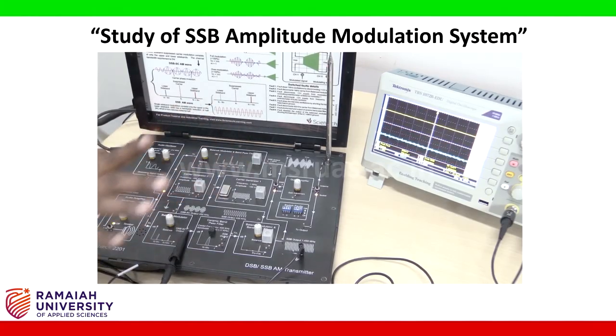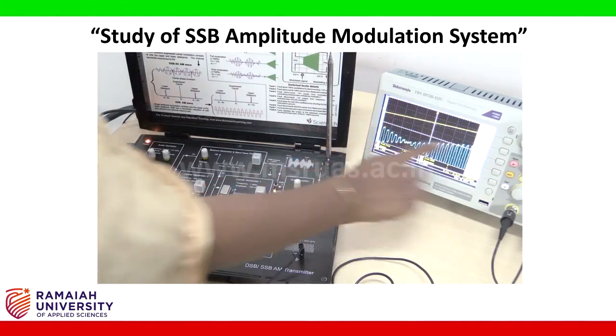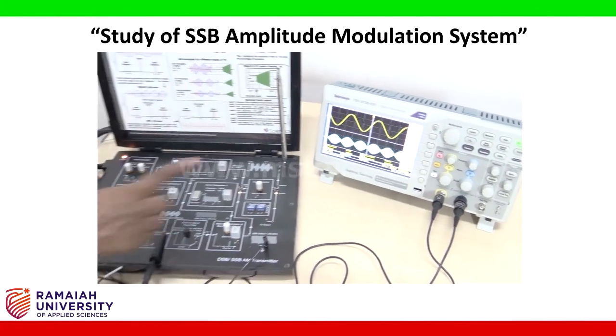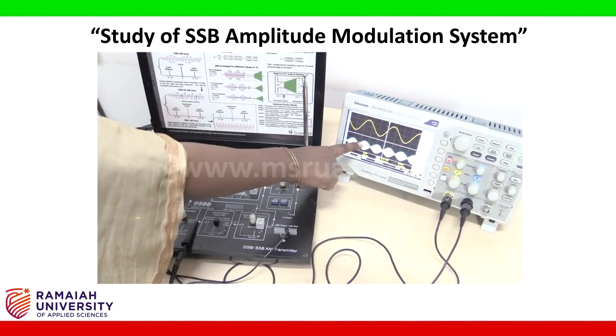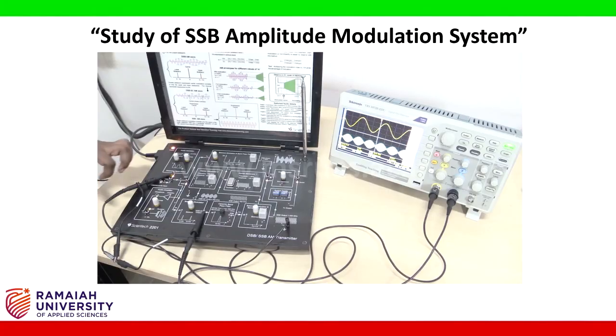So this is almost 0. Now put the message amplitude back. Now again give an auto set. So this now represents a DSB wave without a carrier, DSB SC.